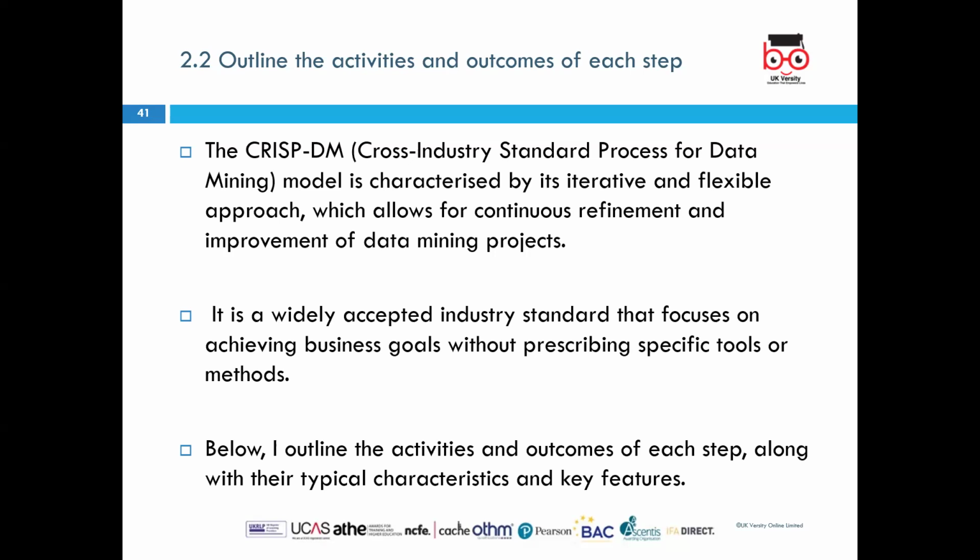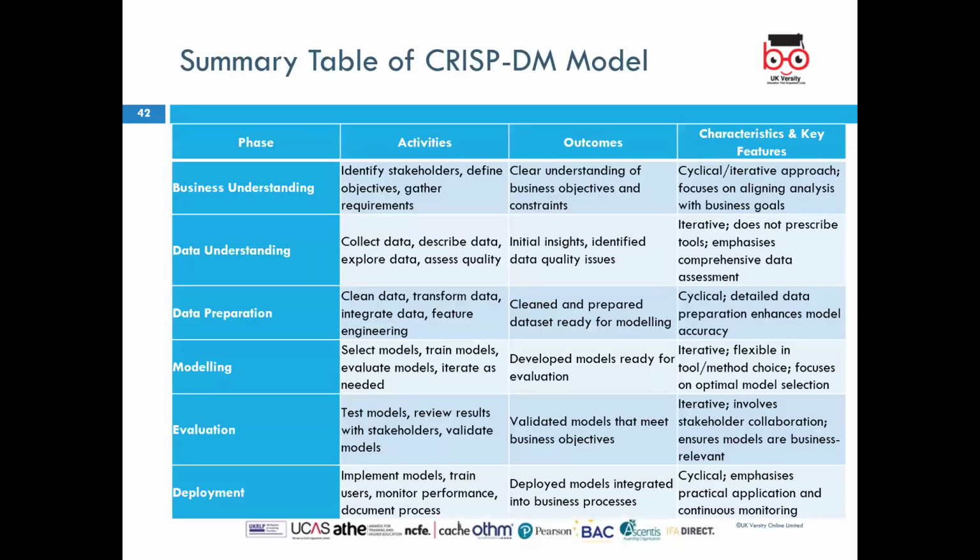This is a very widely accepted industry standard, which focuses on achieving business goals without prescribing any specific tool or methods. Here we have a summary table, which explains that for each phase we have activities and outcomes.